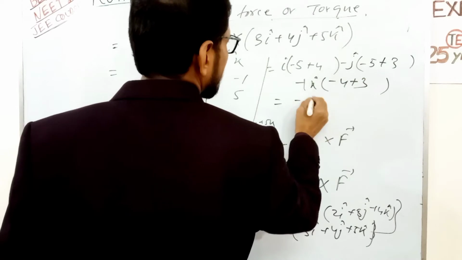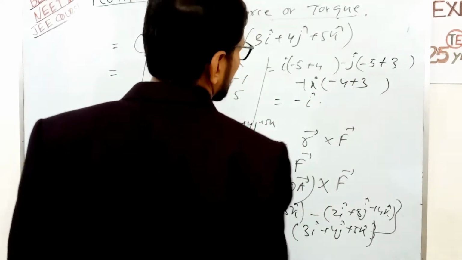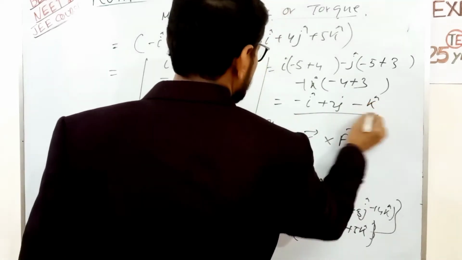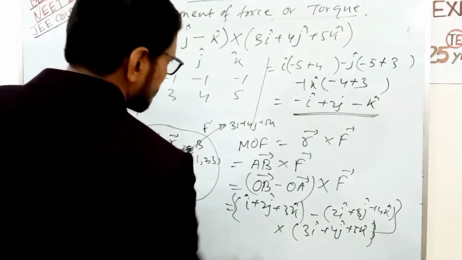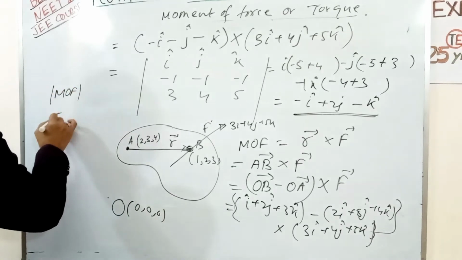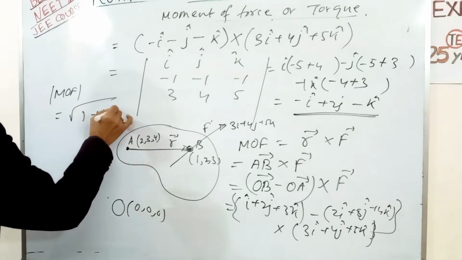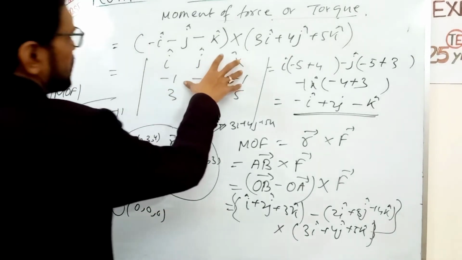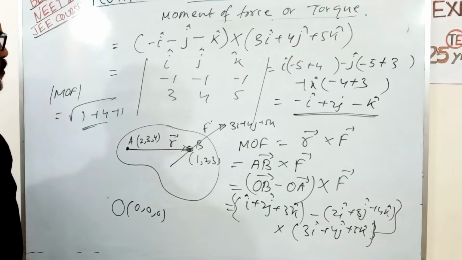So this is the result, the moment of force. The magnitude of the moment of force is root over 1 plus 4 plus 1. This is the answer. So this is the vector calculation, the cross product of vectors.